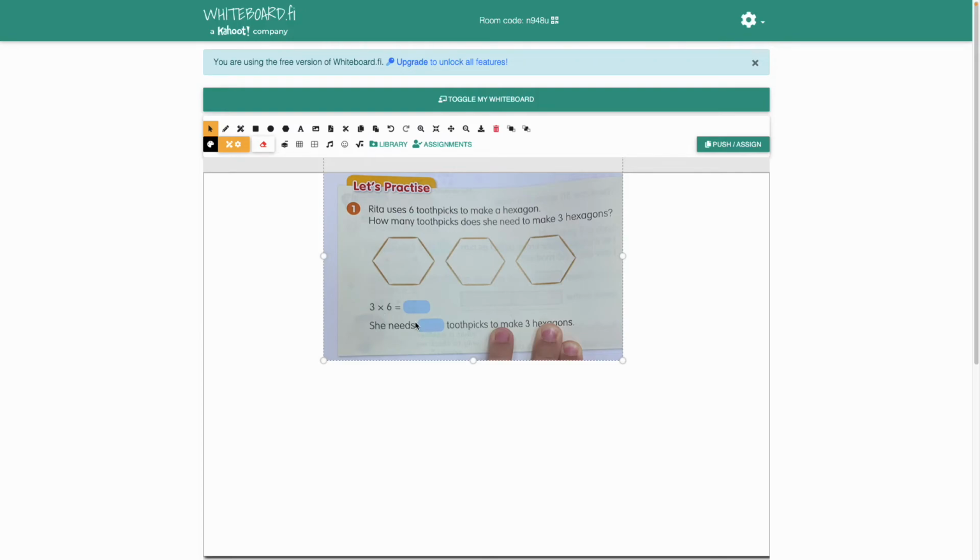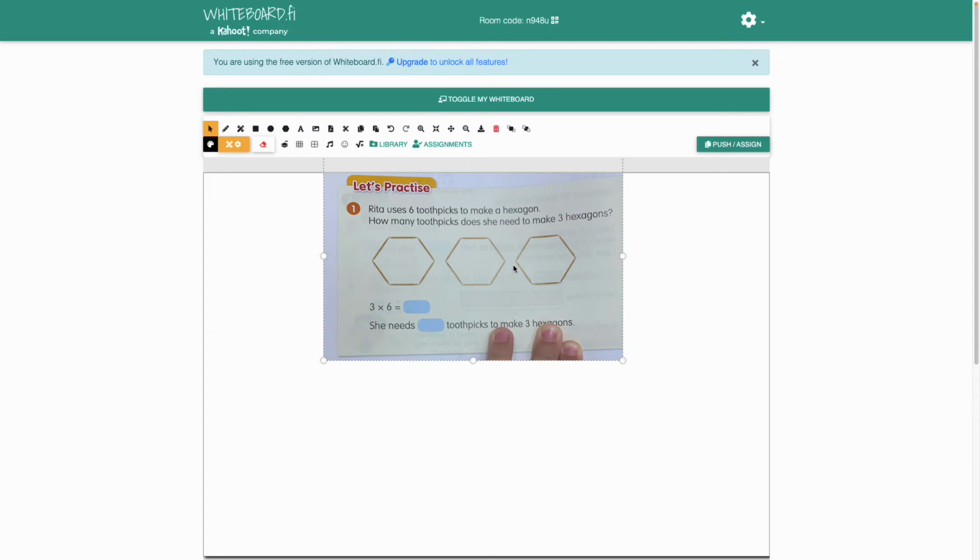Tell me how many groups are there? How many sticks are there in each group? So what is 3 times 6? 18. Either you can do it by the multiplication table or you can count the sticks like this: 1, 2, 3, up to 18.